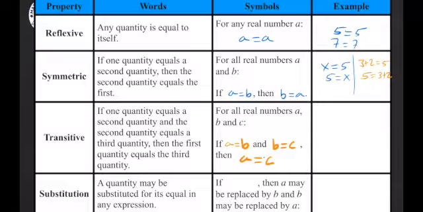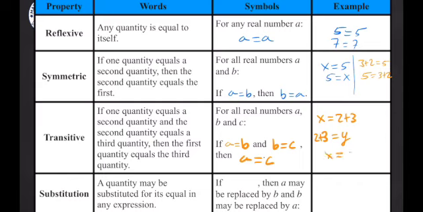Here's an example of that. Let's say x equals 2 plus 3, and we know that 2 plus 3 equals y.